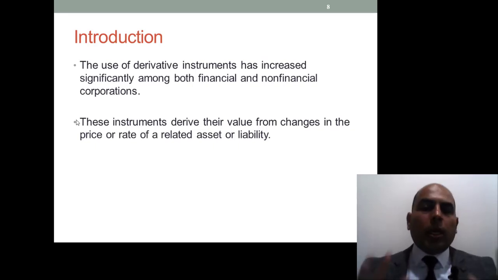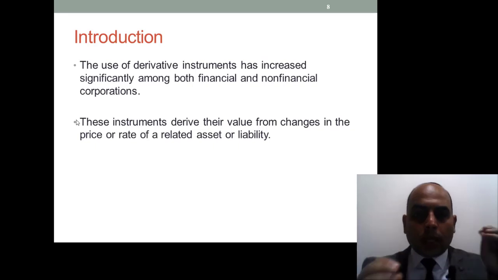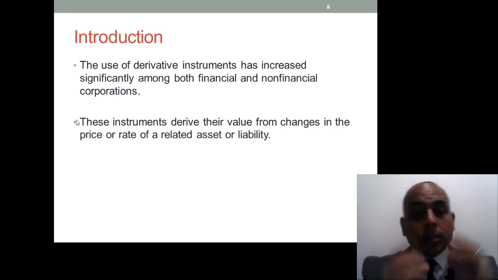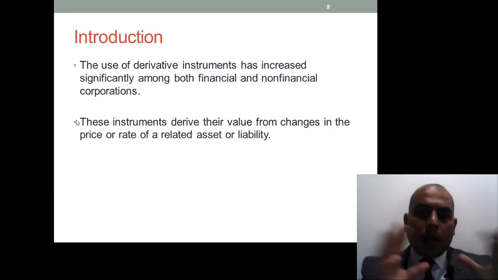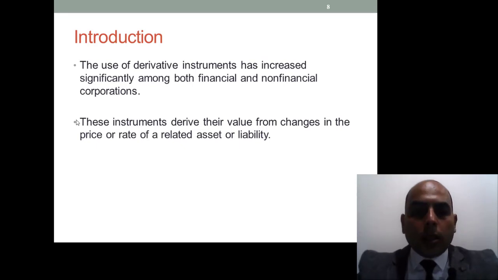For example, we may acquire a forward contract to buy $100,000 or $1 million in the future, after 1 month. This is a financial instrument. We enter into a contract to buy something in the future. Later on we will distinguish between a futures contract and a forward contract, but here let me say it in general: we enter to acquire or to buy $1 million or $100,000 after 1 month.